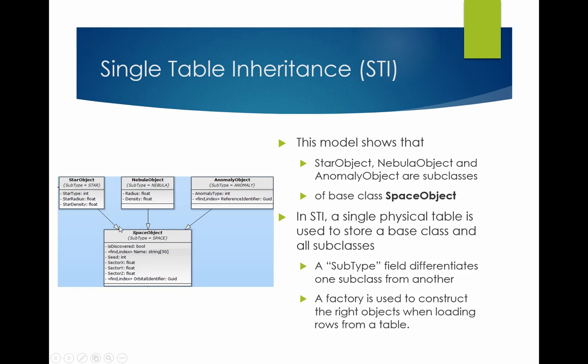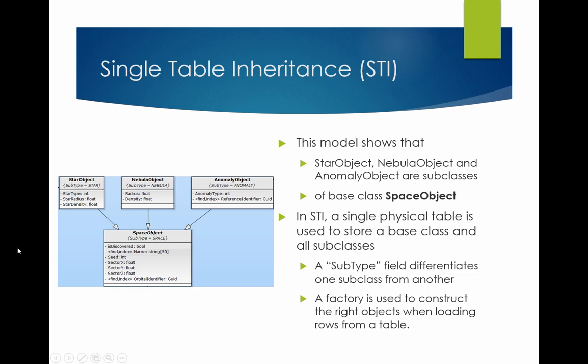So if you were to look in the definition for the table, you'd see all these attributes stored in a single table. And then when the table is being loaded out of the database, there's an automatic subtype field that also gets generated, and it's used with a factory method to construct the right objects.